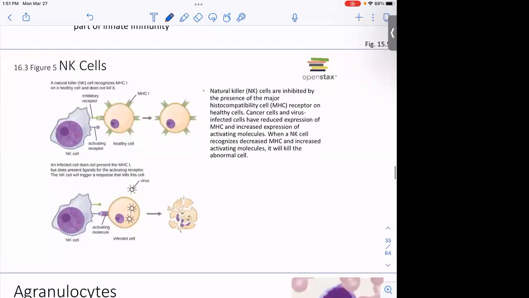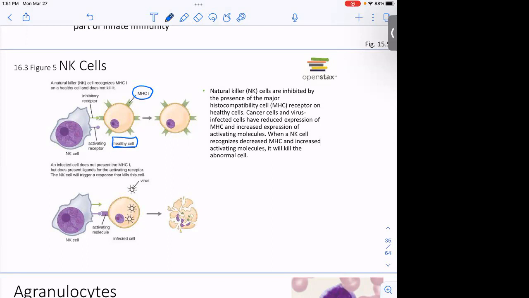This is getting a little ahead of our discussion, because in your book they go ahead and talk about how natural killer cells will recognize cells that are infected. We're going to talk more about this, but here's a healthy cell of the host that's just advertising its antigen by these MHC1.